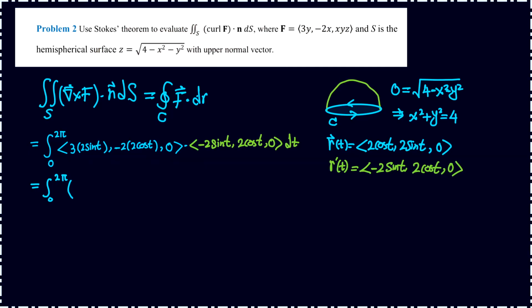All right, so let's do the dot product. We have 6 sine t times negative 2 sine t. That's a negative 12 sine squared t. All right, here we have negative 4 cosine t times 2 cosine t. That's a negative 8 cosine squared t. And then 0 times 0 is just 0. So that's what we get.